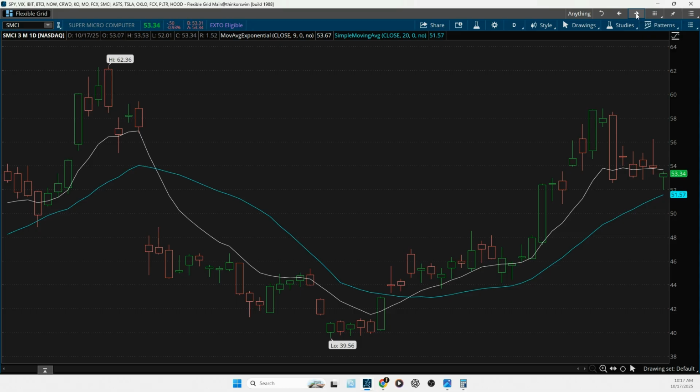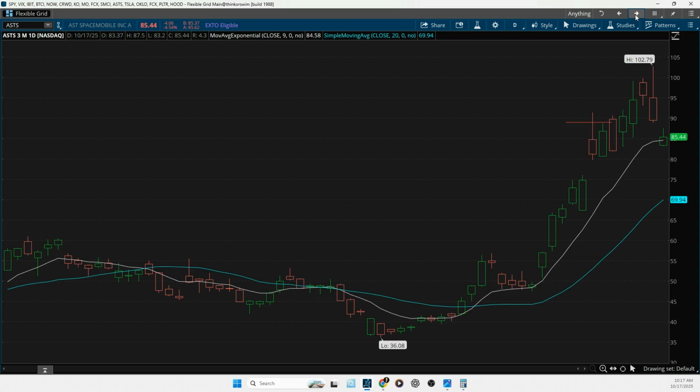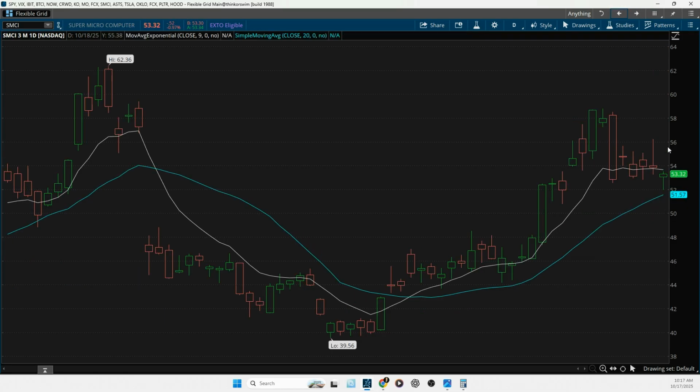SMCI. Let's see. All right, it's a cup and handle type of thing. I think at some point it's probably going to run back up to this area, and if it stays like this going into next week and hasn't had some big movement, we'll look at what the other stock market's doing.